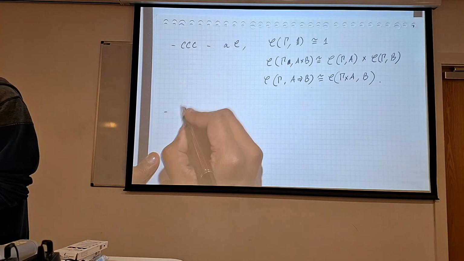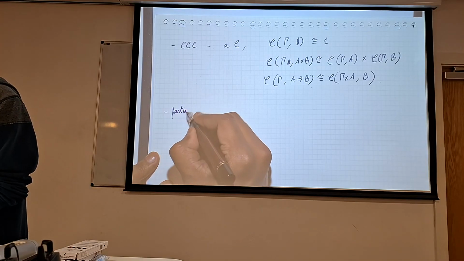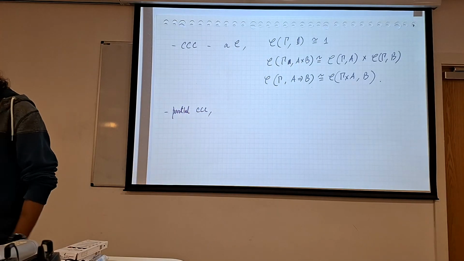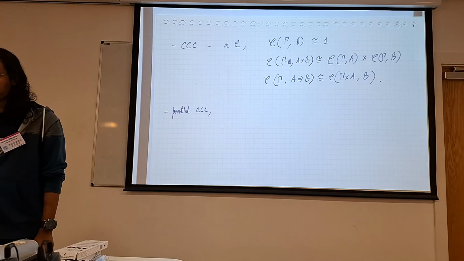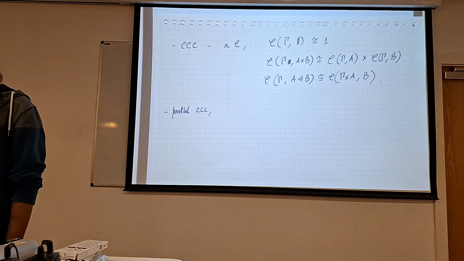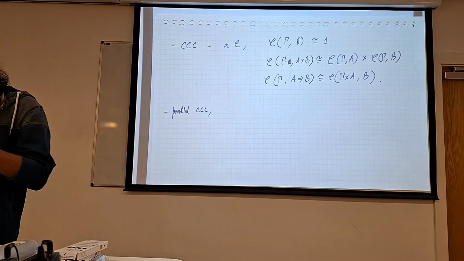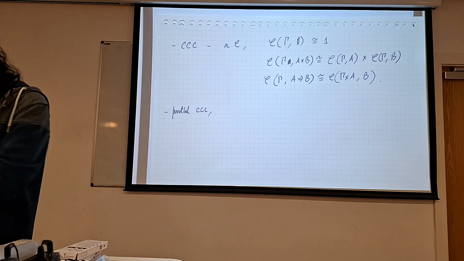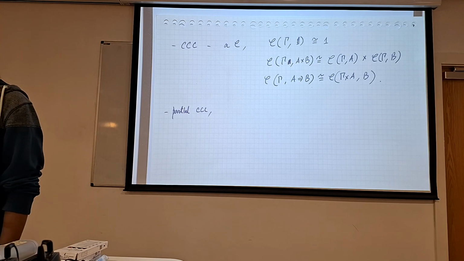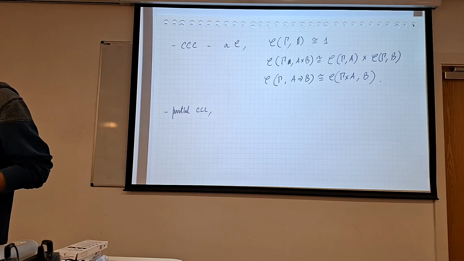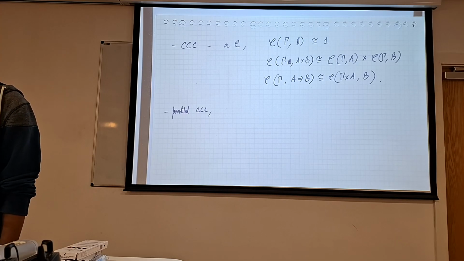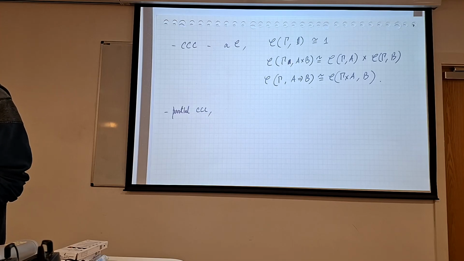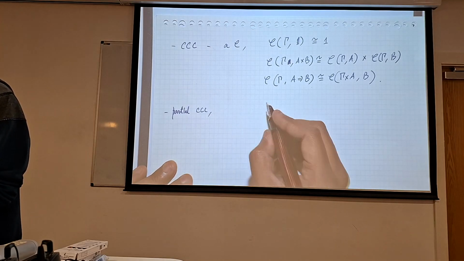So what should be a partial CCC? The whole program of strong monads, the computational lambda calculus, was meant to axiomatize what is partial computation. And there are various ways of presenting what is a model of lambda calculus with effects.